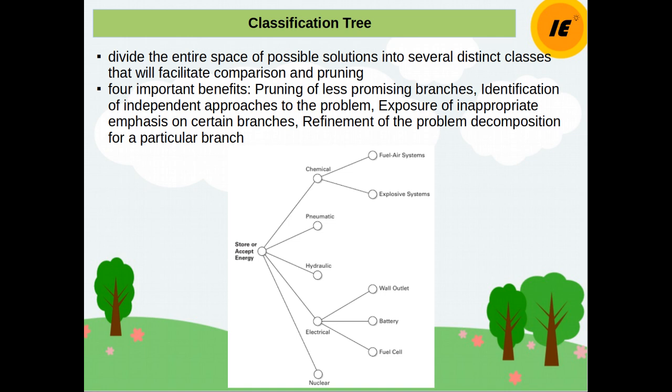An example of a tree for the Nailer example you can see in the figure. The branches of this tree correspond to different energy sources. The classification tree provides at least 4 important benefits: pruning of less promising branches, the identification of independent approaches to the problem, exposure of inappropriate emphasis on certain branches, and refinement of the problem decomposition for a particular branch.